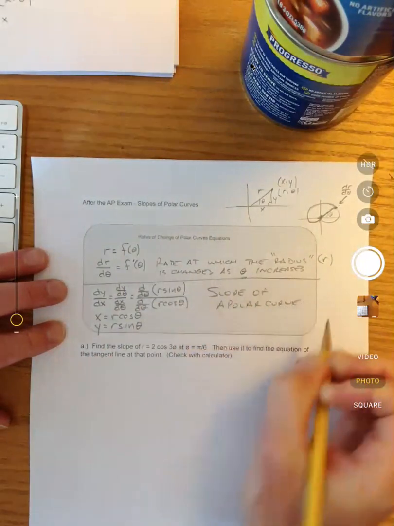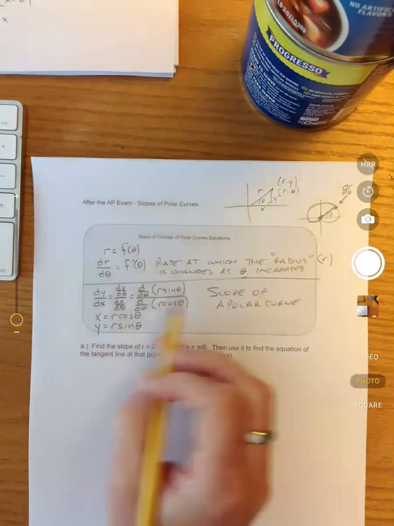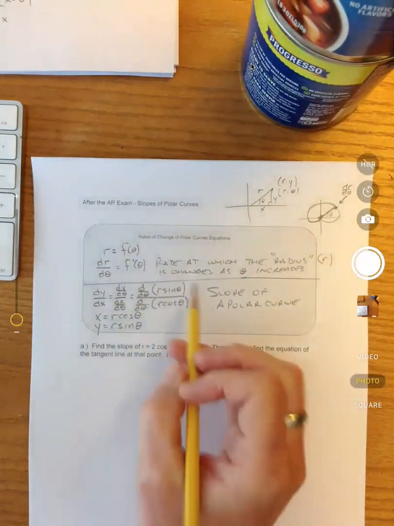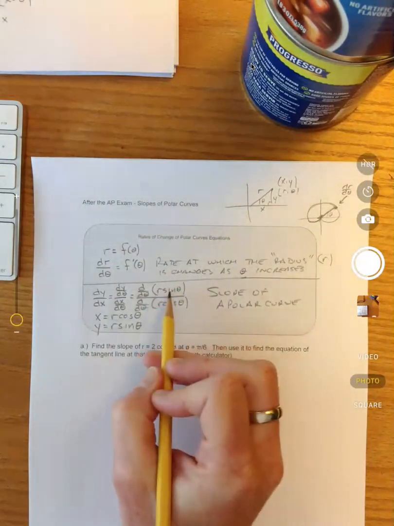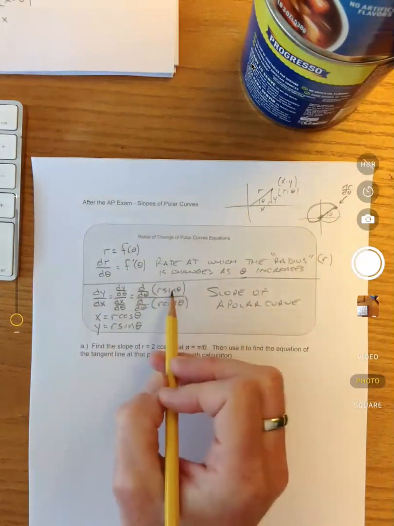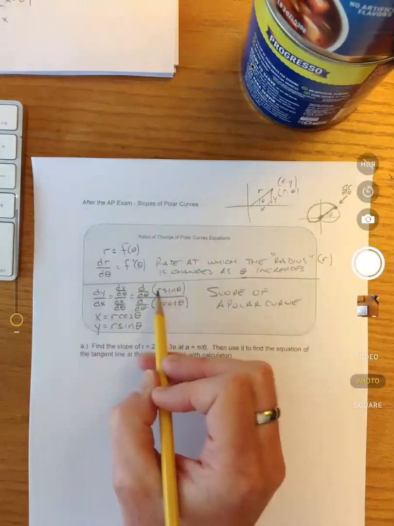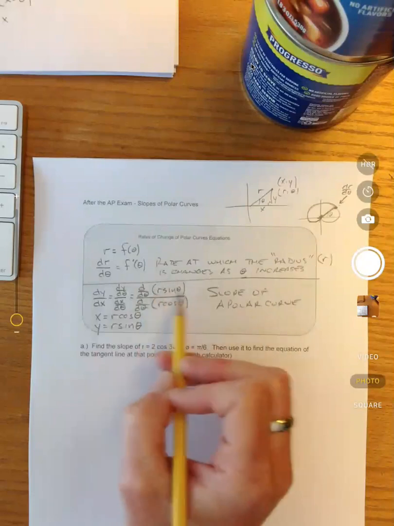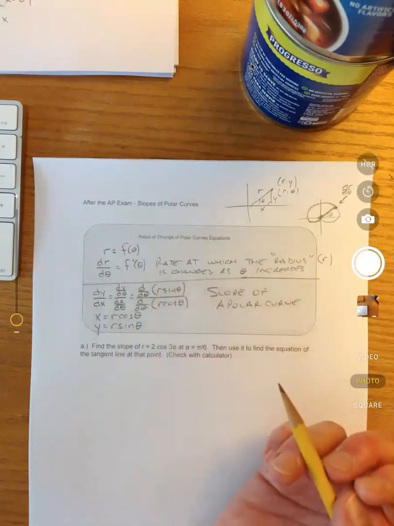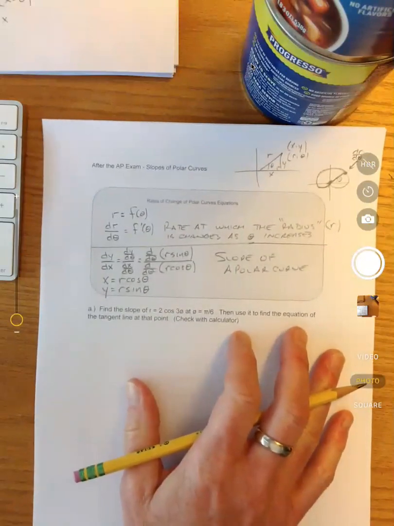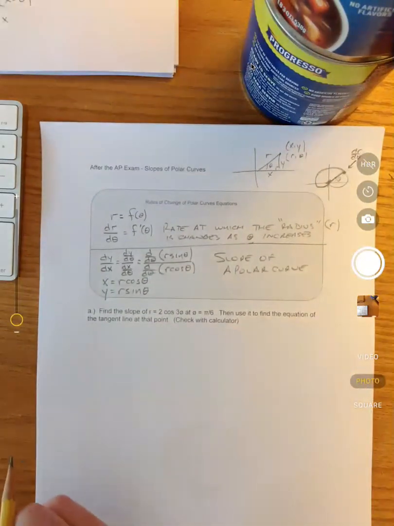Now, if you look carefully, I'm taking the derivatives of these two equations. r itself is an equation, so that's an equation times sine that I'll have to take the derivative of. So anybody know what we're going to have to use here? I'm going to have to use product rule. Product rule is going to be a common thing we'll see with polar curves and their slopes.